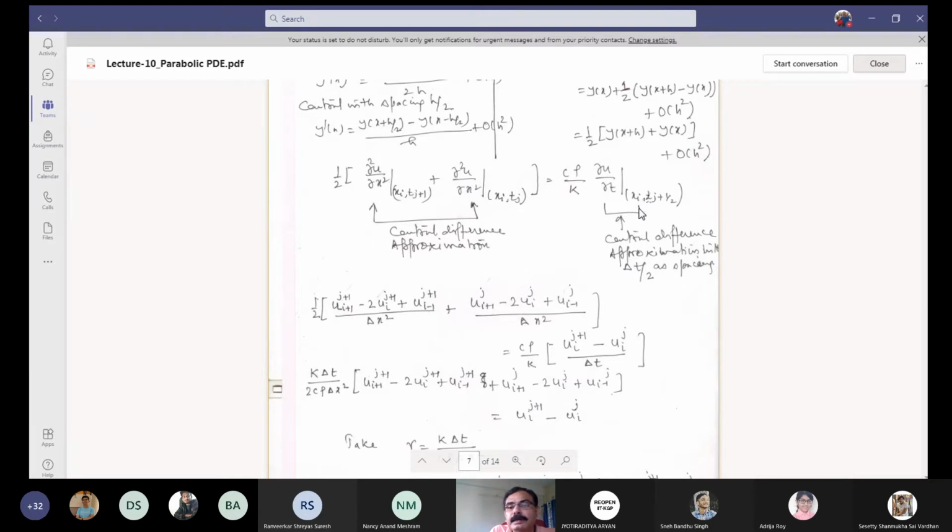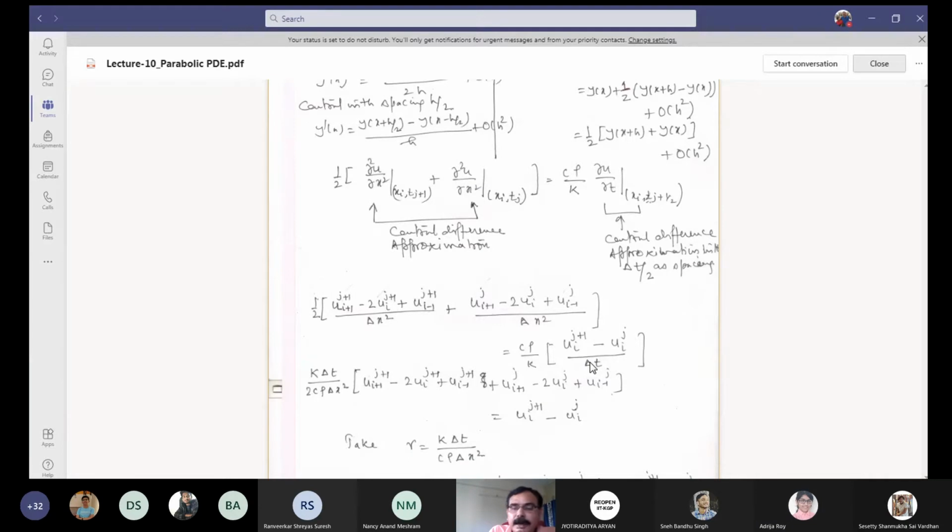So at x_i, j plus half plus half gives j plus 1, minus j plus half minus half gives j. So it is u_i^(j+1) minus u_i^j divided by, instead of 2 delta t, since the spacing is delta t by 2, delta t. Is this clear?